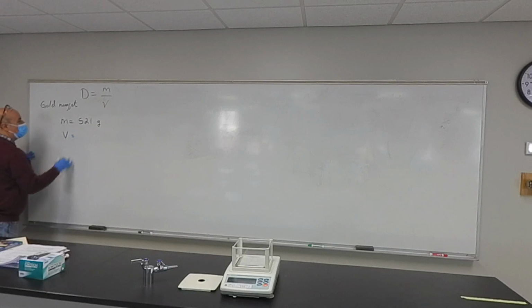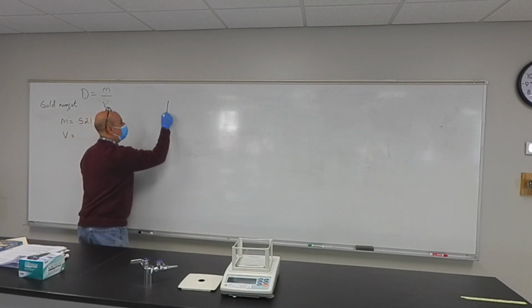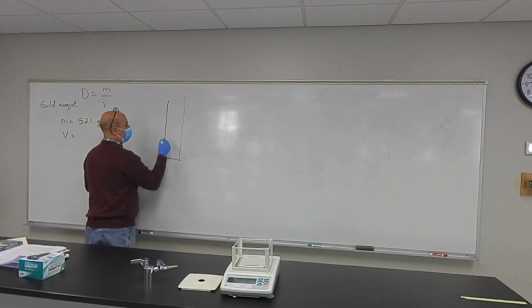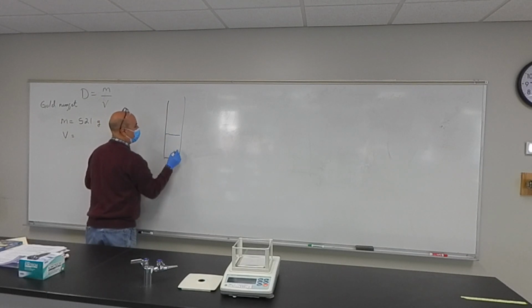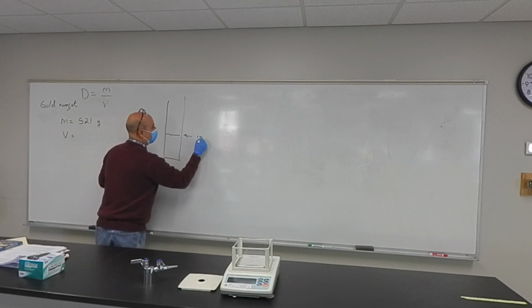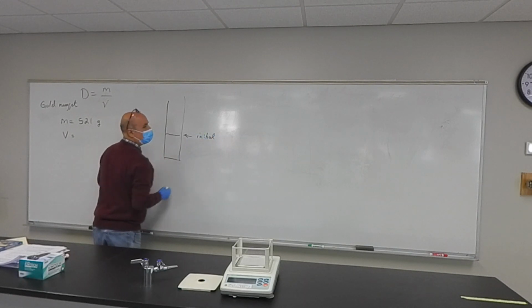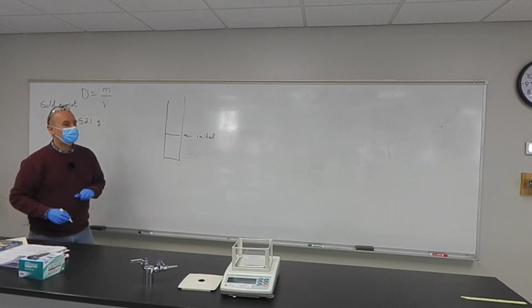The volume, we don't know yet. So let's do the imaginary experiment. We have our graduated cylinder, the initial volume of the water is 50 milliliters.